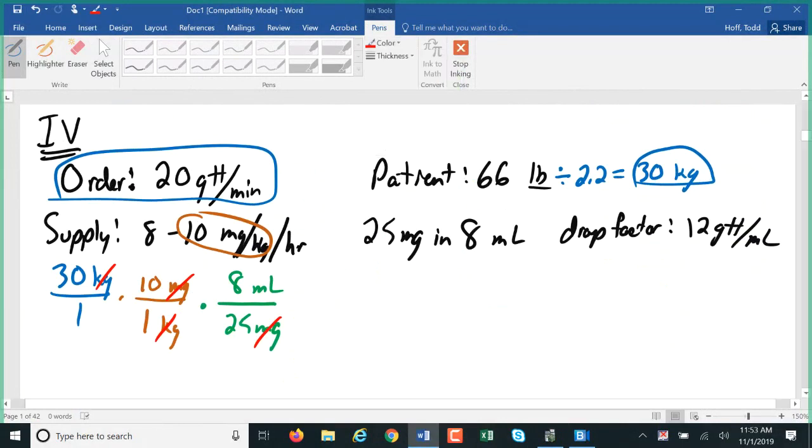Before we do a drop factor, we're going to calculate this out to get a dosage. This is 30 times 10 times 8, 2,400 milliliters, over 1 times 1 times 25, which is 25.